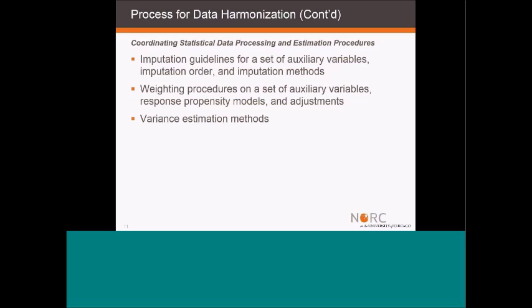But if you are familiar with hot-deck imputation, it depends on your auxiliary variables, the variables in your imputation set. What variables determine the nearest donor?